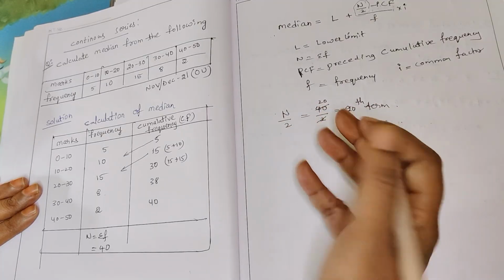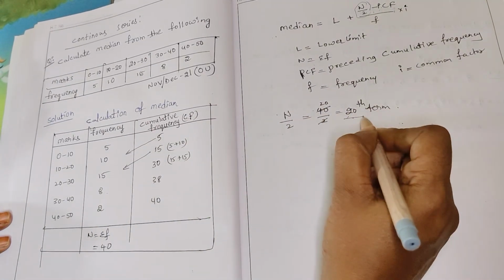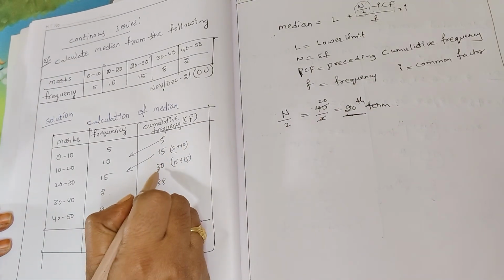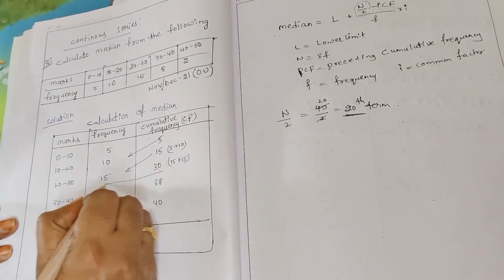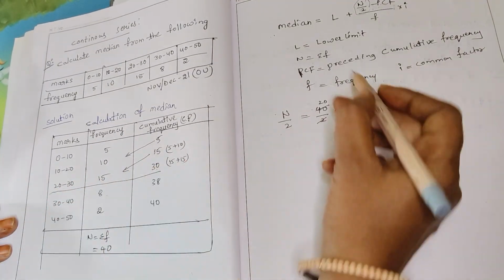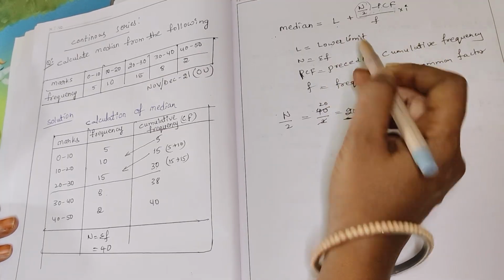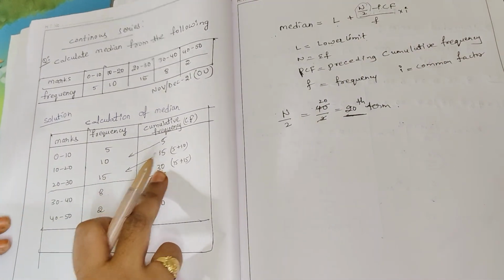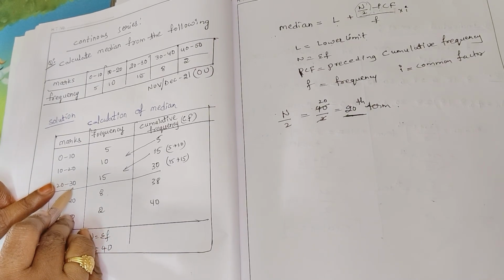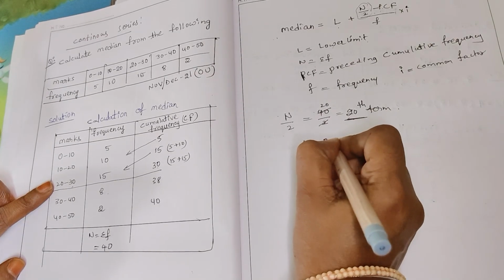So how do we apply it? What is the 20th term in the cumulative frequencies? We need to check this 20 in the cumulative frequencies. Where is it available? Under 30. So underline it; this should be called the median line. By using this line we can decide all the values. See, what is L here? The lower limit. For this median line, we have the class interval 20 to 30. This is the lower limit and this is the upper limit. So we take the lower limit. Here L is equal to 20.